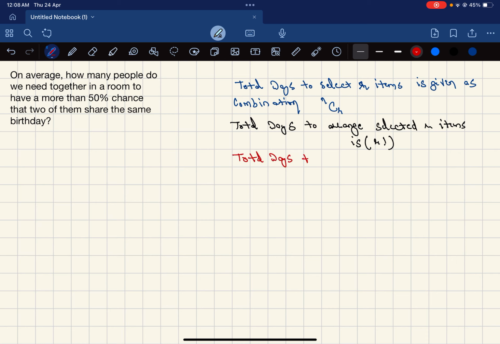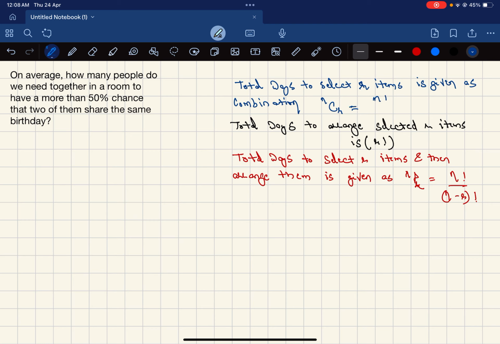And then finally, total ways to select r items and then arrange them is given as nPr, and nPr is nothing but n factorial divided by n minus r factorial, while nCr is n factorial divided by n minus r factorial multiplied by r factorial.